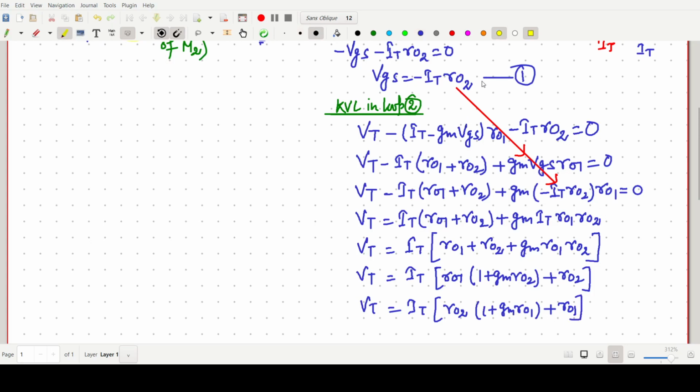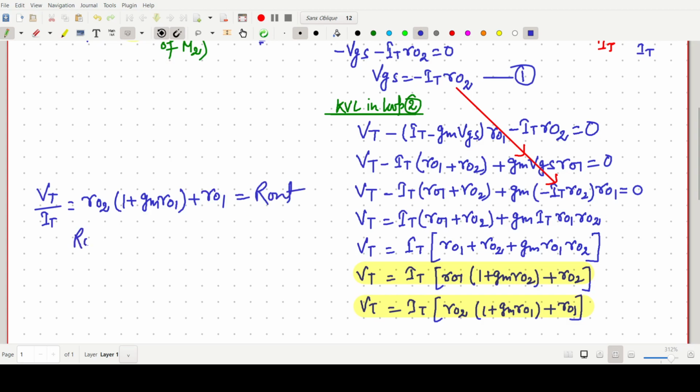So for the output impedance, from these two equations we can easily write VT by IT. From the lower one, VT by IT is r_o2 (1 plus gm1 r_o1) plus r_o1, and this is nothing but simply our R output.